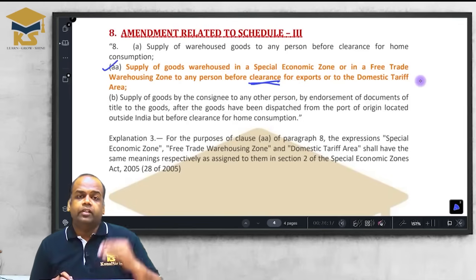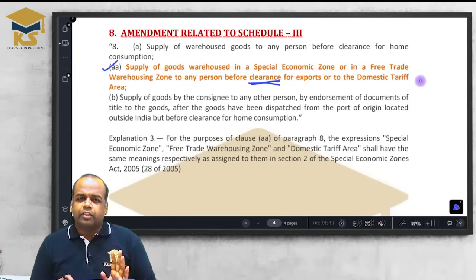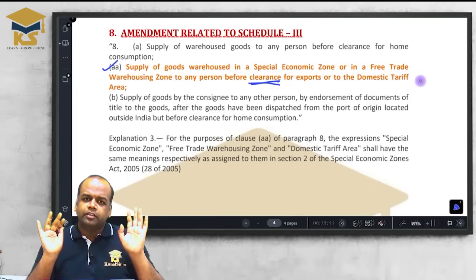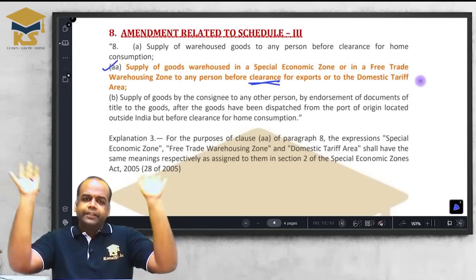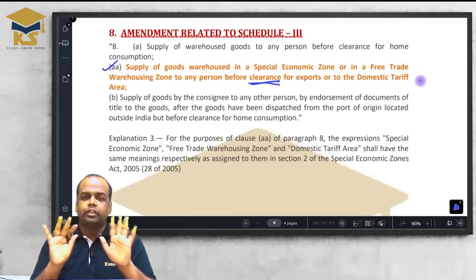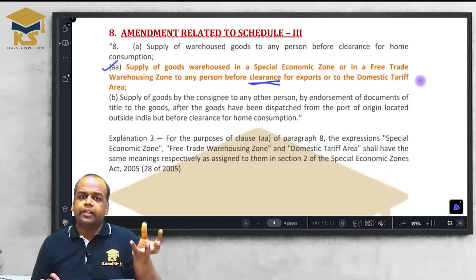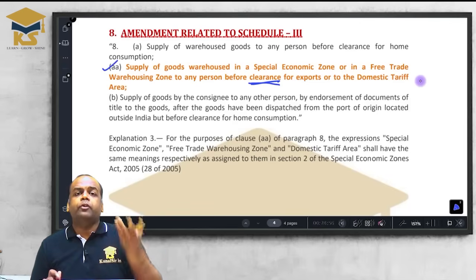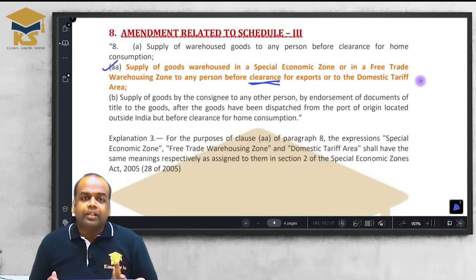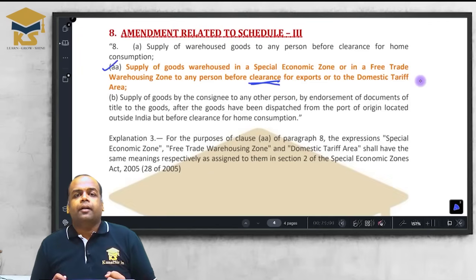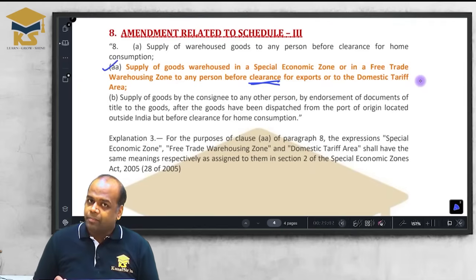Friends, when we covered this entry number 8, I told you a very important and very simple thing. Any transaction before clearance, forget it. It is not in India. Just for example, understanding. So any transaction happening before clearance for home consumption, clearance by whom? Clearance by the customs officer, customs department.